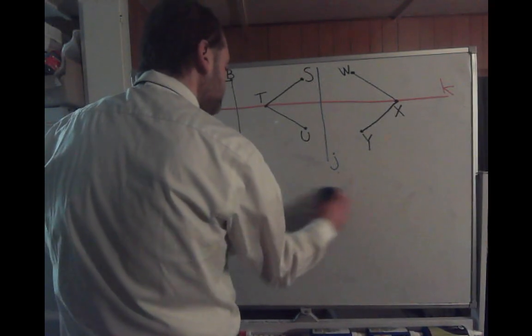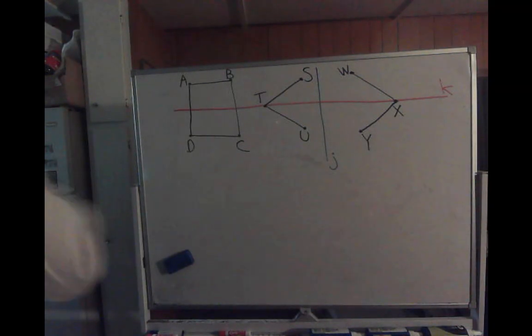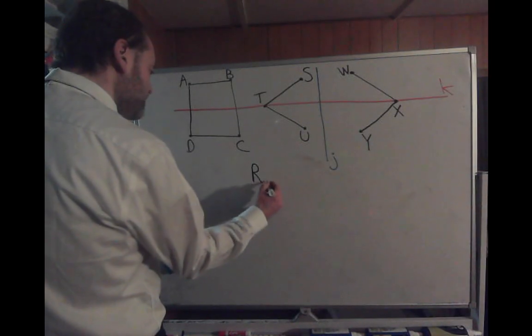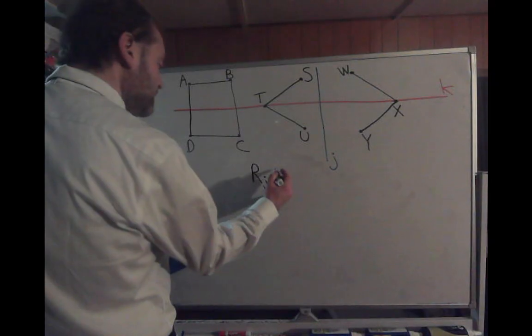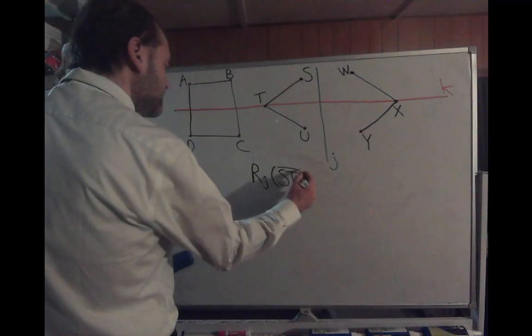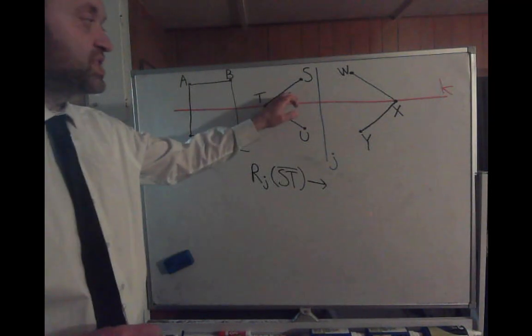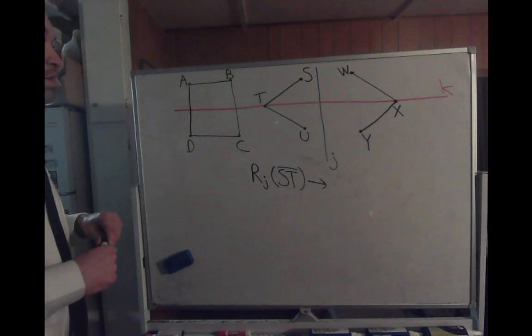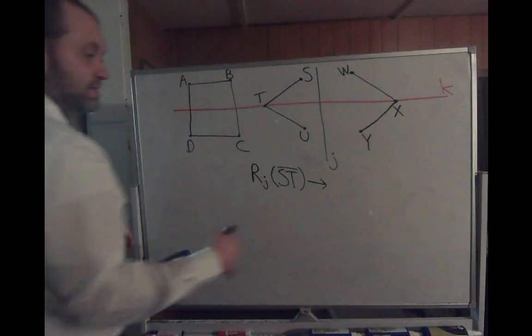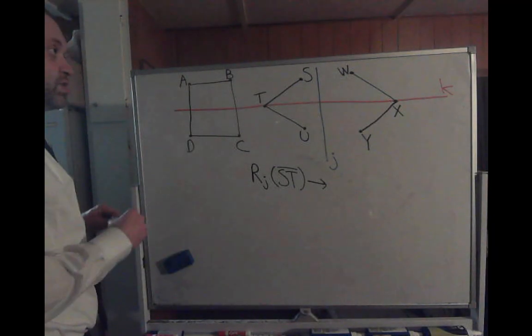All right. Let's see here. Actually, we'll do two more of these. The reflection through line J of the segment ST. So we are going to reflect through the line J of the segment ST. Well, again, this is your horizontal axis is what J functions as, so your y coordinates don't change, but your x sure do.